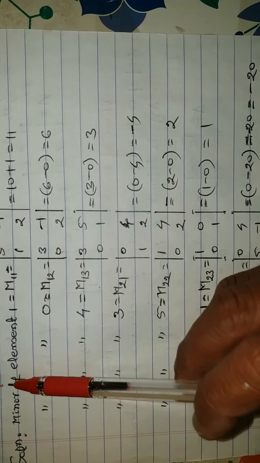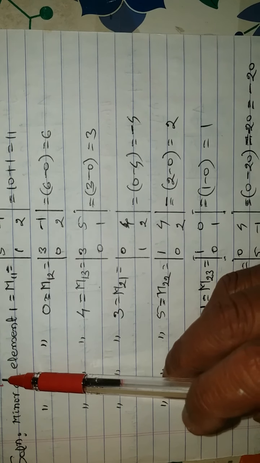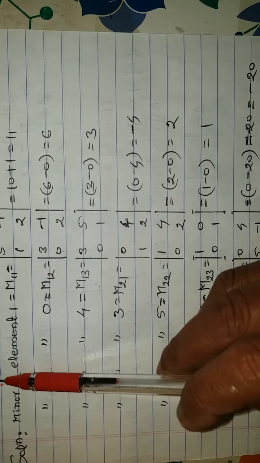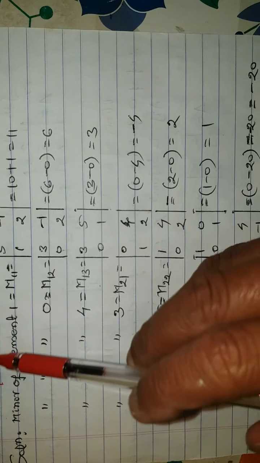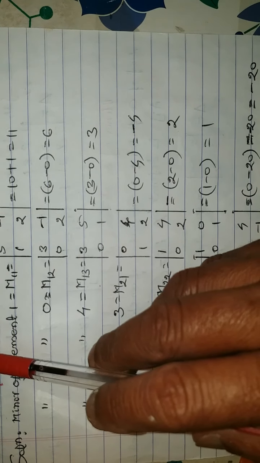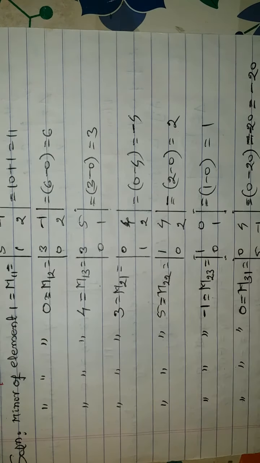Come to the next row, the third row. The minor of element 0, in the A31 position, is denoted by M31. You leave this row, this column, which gives 0, 4, 5, minus 1. Cross multiply, 0 minus 20, which gives the result minus 20.